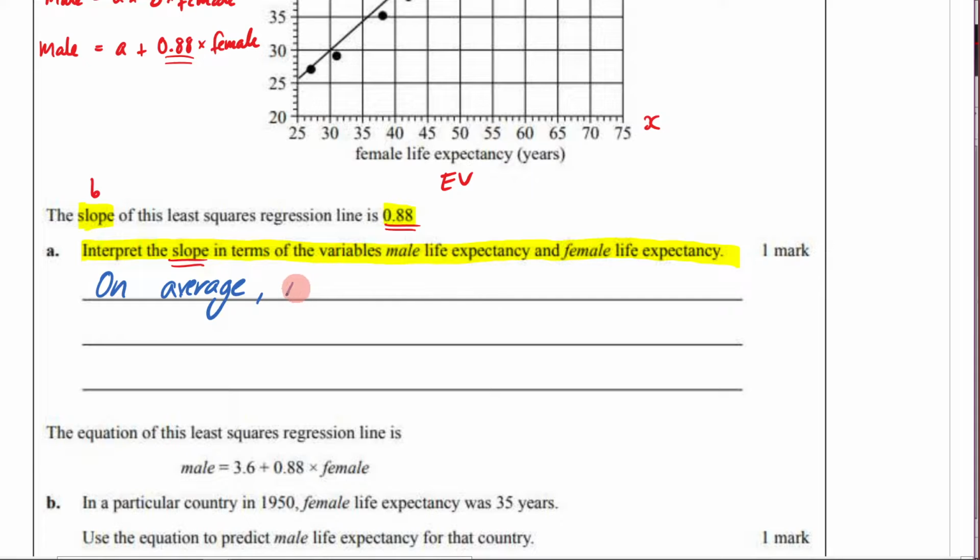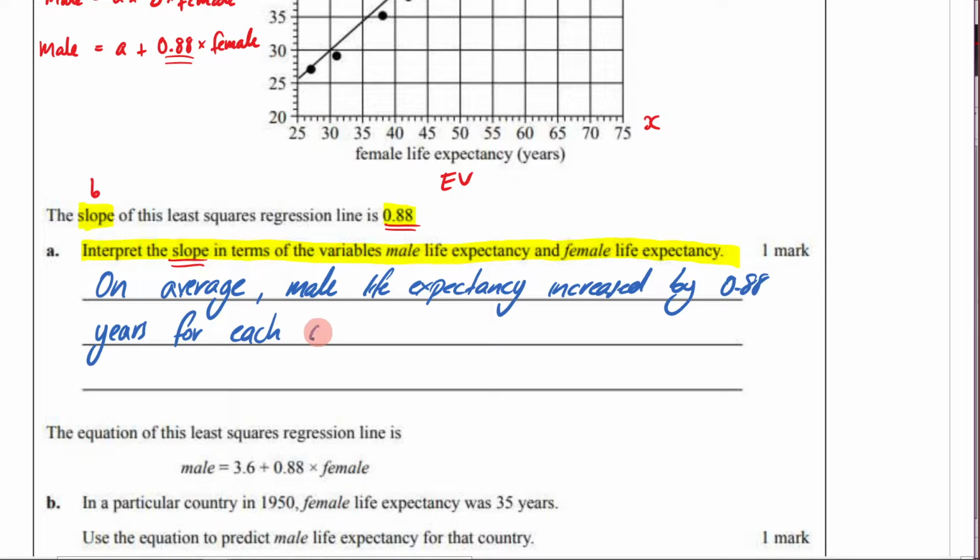On average, male life expectancy increased by 0.88 years for each 1 year increase in female life expectancy.